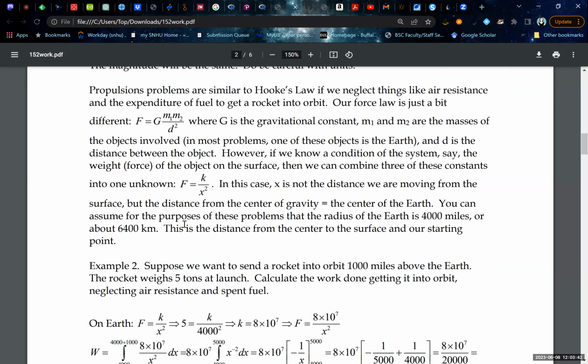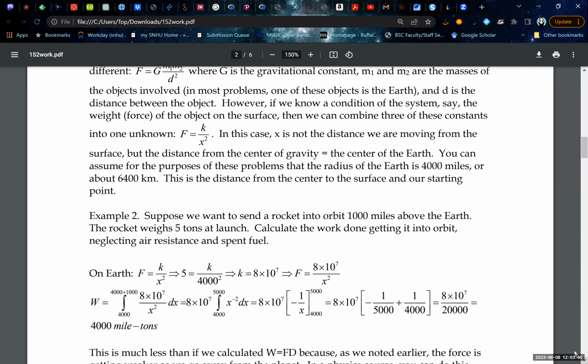And again, to make these problems simpler, typically calculus books, although not all of them, will set the radius of the Earth to be some nice round number to make the numbers a little bit easier to manage, rather than using, I think the radius of the Earth is closer to 3,960 miles instead of 4,000 miles. But again, to make the numbers work out, typically they will say you can approximate the Earth radius as this.